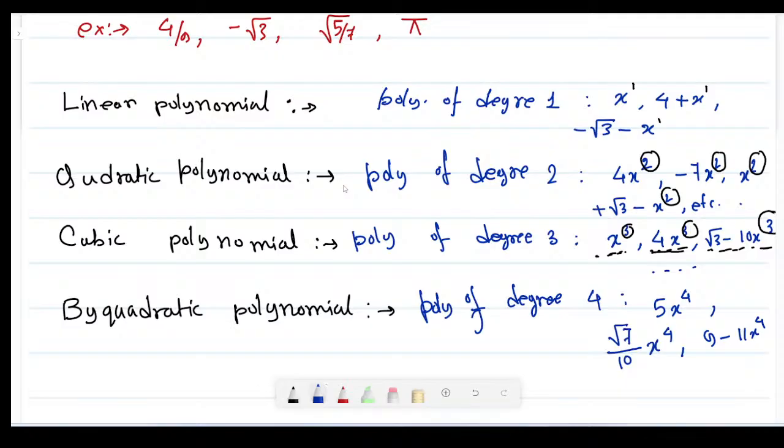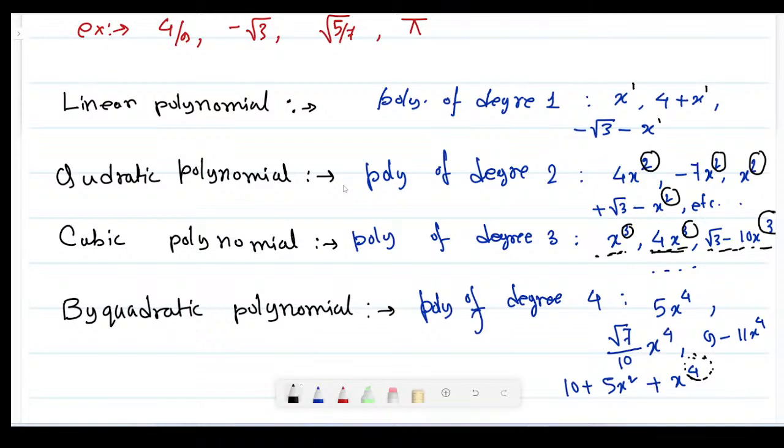It may be also like 10 plus 5x square plus x to the power 4. Here we can see that the highest power of this polynomial is 4. So this is also a biquadratic polynomial.